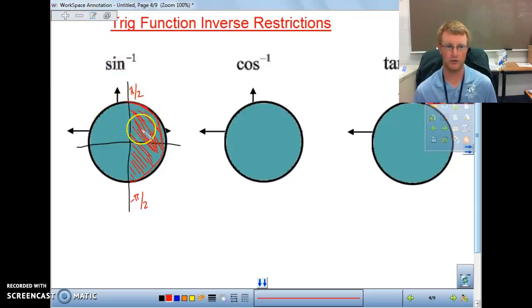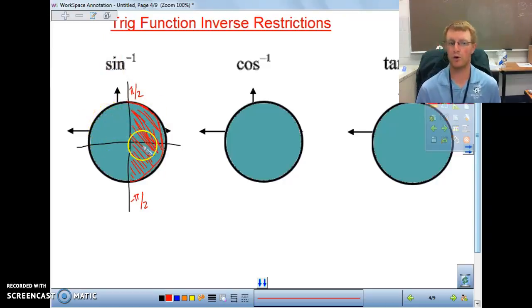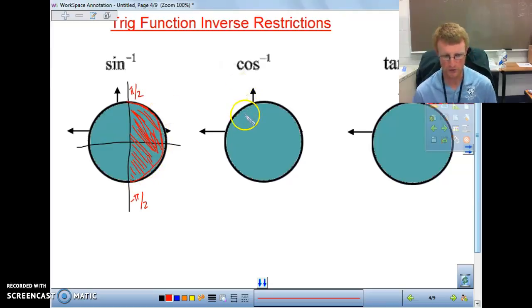Notice the first answer was in the first quadrant, and the second answer was in the second quadrant. If we had by chance gotten an answer in the fourth quadrant, then the other answer would be in the third quadrant, but the calculator will only spit out the one that's in the fourth quadrant. For cosine, I'm going to draw our axes here.